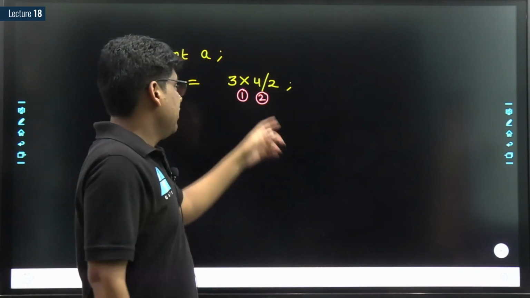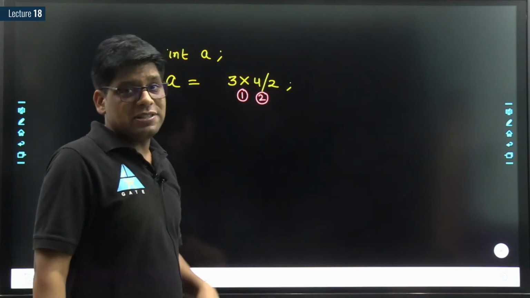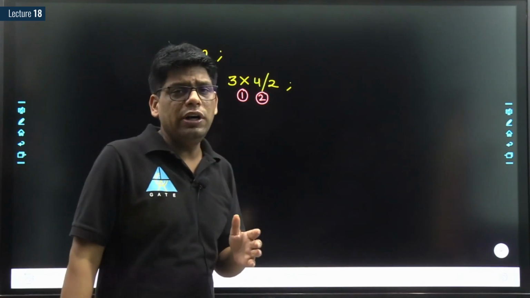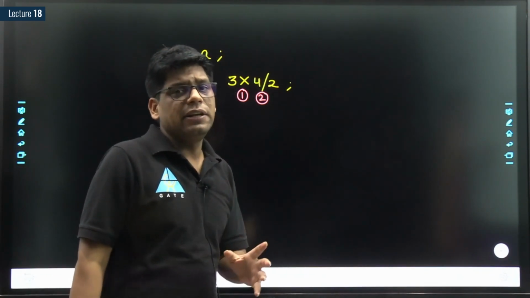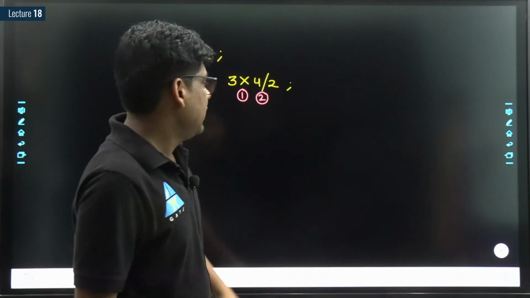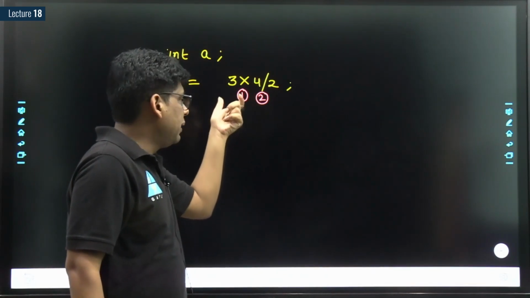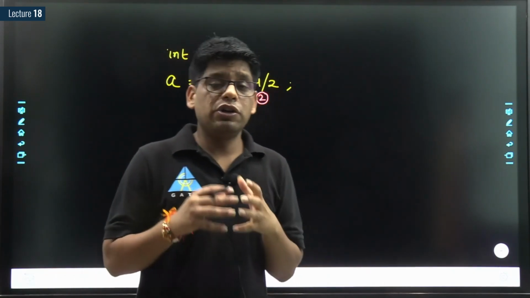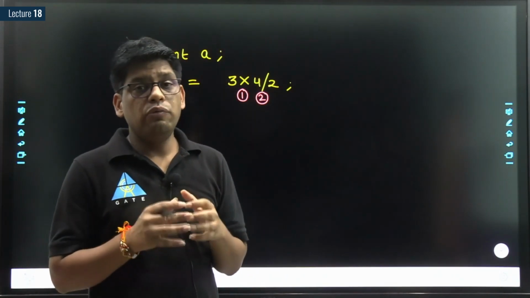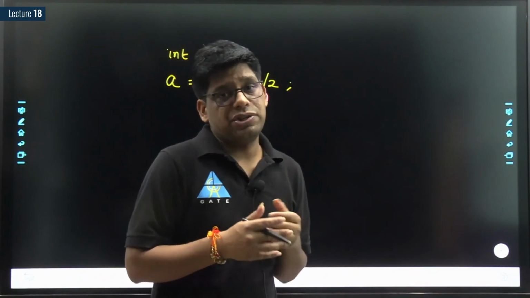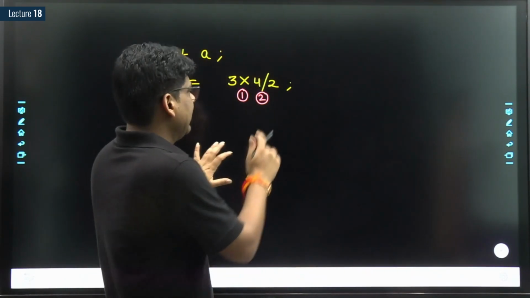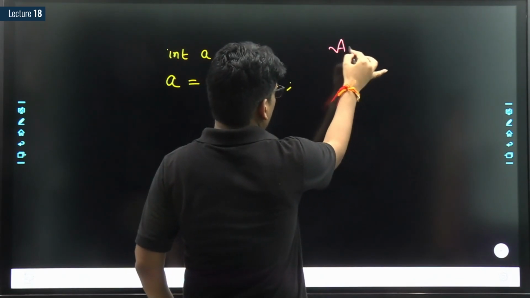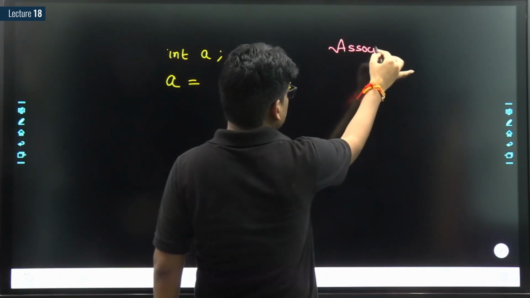That means, sir, we can perform this or we can perform this. Again, we don't want anything like this. Sir, if we have multiple operators of the same priority, then what should we do? How can we resolve this clash? Sir, then comes the role of associativity.